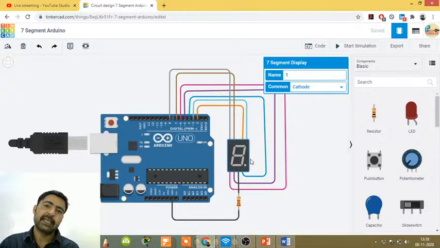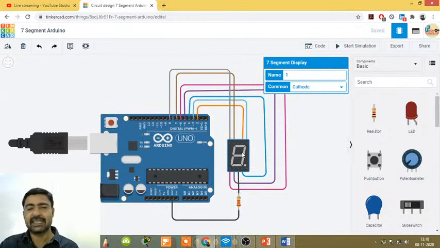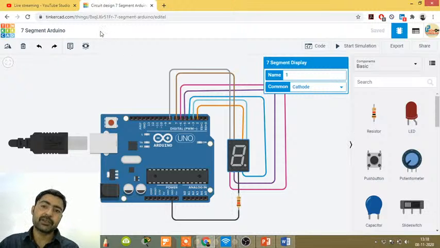In that case, we use a 14-segment display, where we have 14 LEDs arranged in the display. Even a dot matrix is there, where dots can display images and graphics also. So there are varieties of displays.